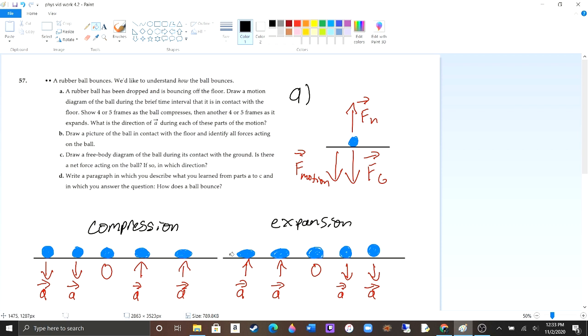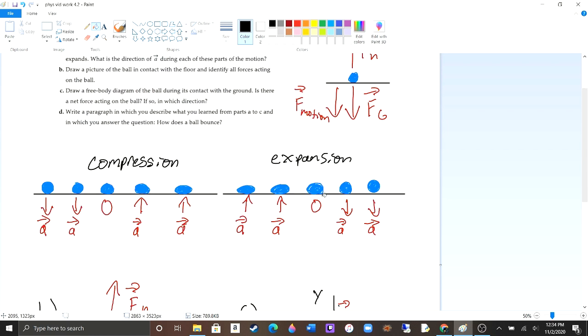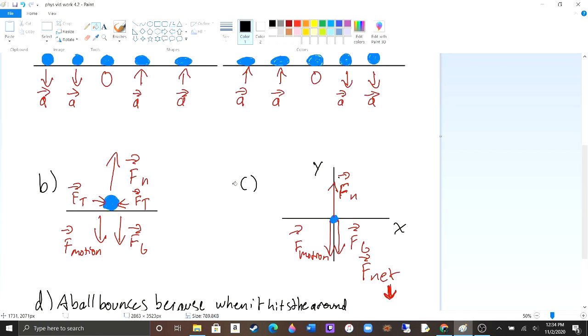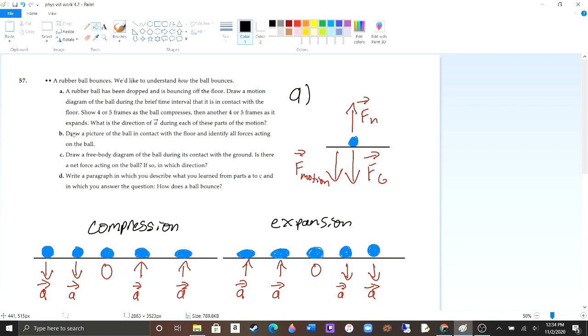So it continues to accelerate up, and eventually it gets to a point where the force of the ball expanding is too little to counteract gravity. So gravity is acting more on it now, and so it starts to accelerate down, and that's why it bounces less high each time.